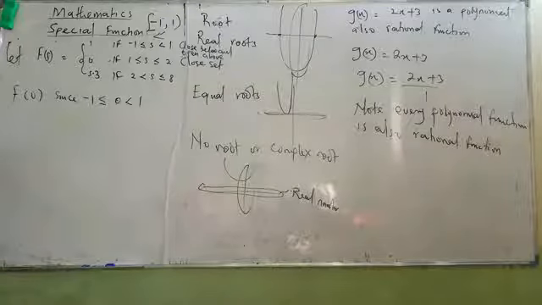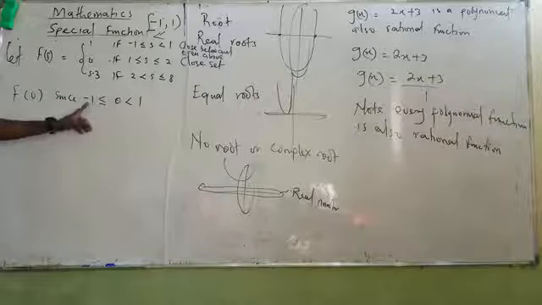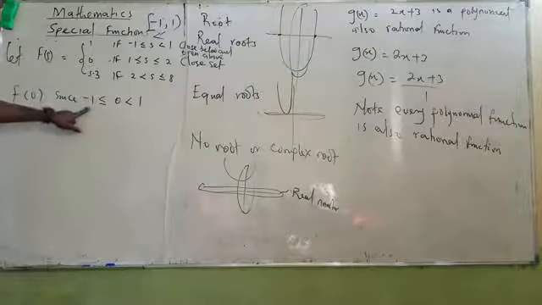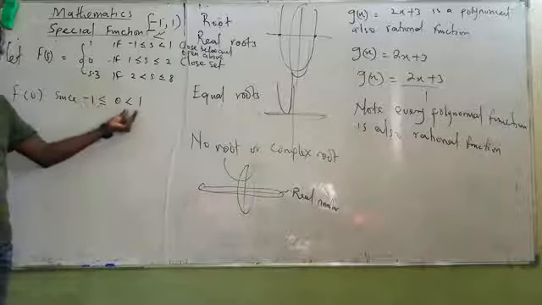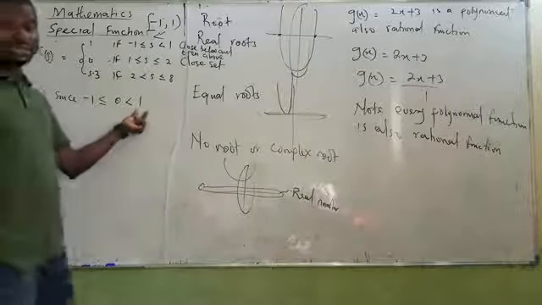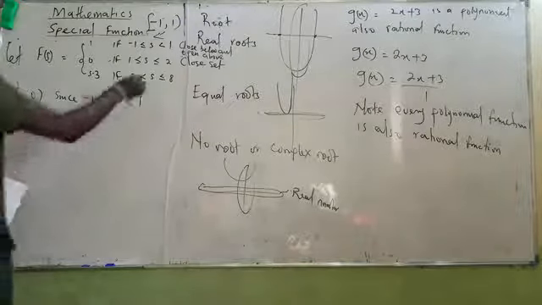It will surely be 0 if and only if I have this. It means minus 1 is there, but 1 is not there. That is what I mean there.